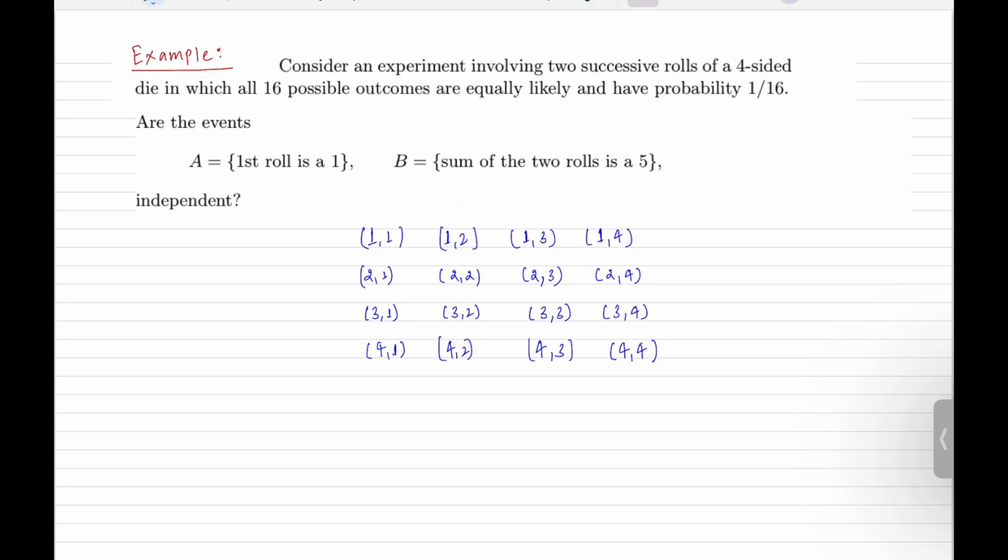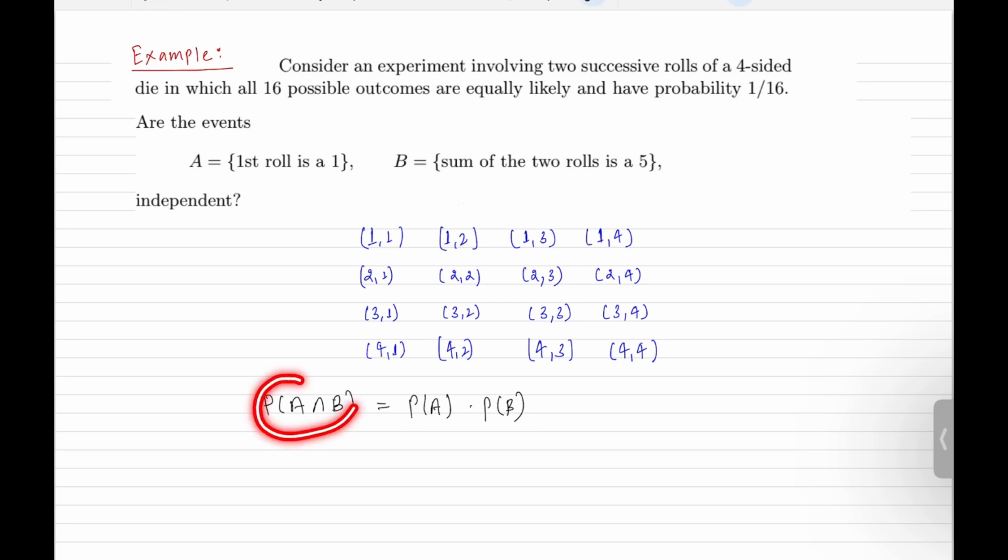From the definition of independence of two events, if event A and event B are independent, then the probability of occurrence of A and B is equal to the product of their individual probabilities.